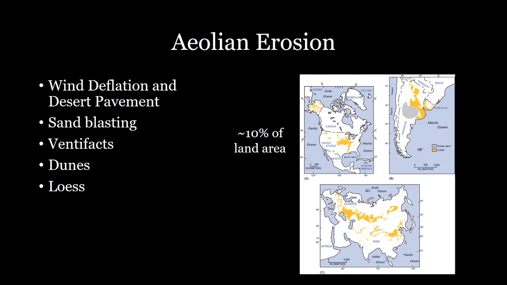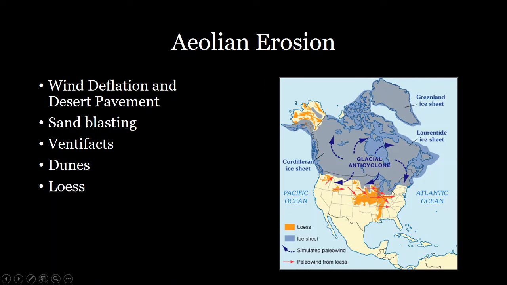The reason for that is that there was a large glaciation that covered all of northern North America in ice during the last ice age. So we had the Laurentide ice sheet as well as the Cordilleran ice sheet that produced a whole lot of silt as a result. Remember, we talked about rock flour and how glaciers weather rock.